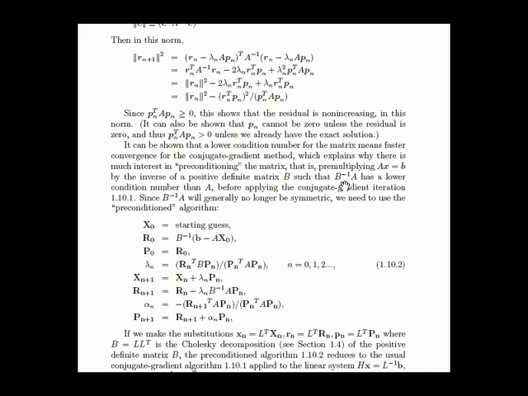You don't actually find the inverse, but you'll have to solve a system with matrix B, which means that had better be quick, because you have to do that every iteration, so there's no advantage of taking B to be the entire matrix. But you could take B to be the diagonal part of A, for example, and then it's easy to solve Bx equals something if B is the diagonal part. Or there are other choices, but we're going to only look at the diagonal. So one obvious choice would be to take B to be the diagonal of A, and when you multiply A by B inverse, that will decrease the condition number.